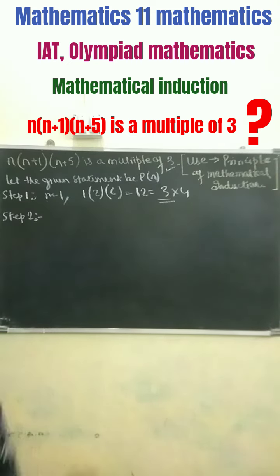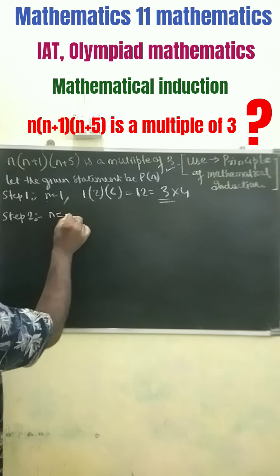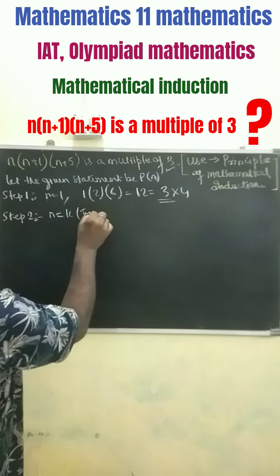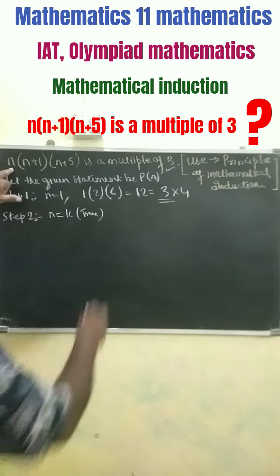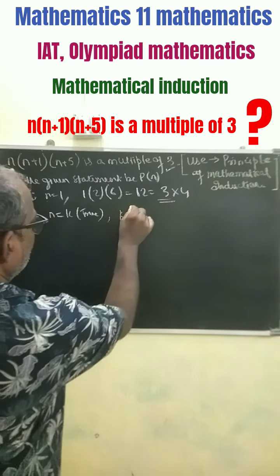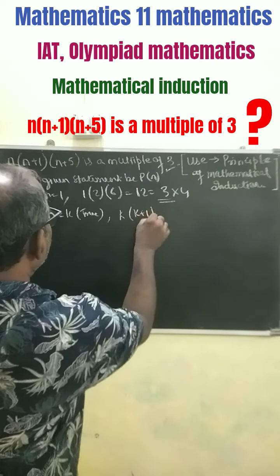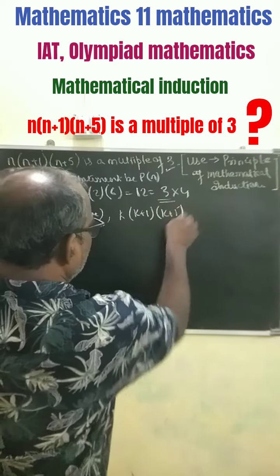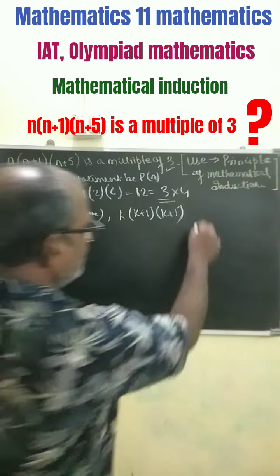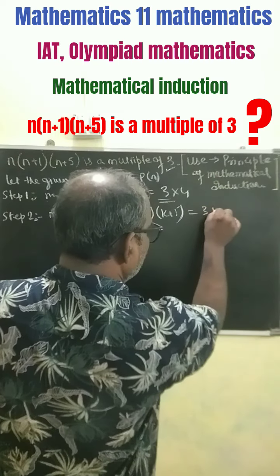Now let it be true for n equals to k. Let it be true. Then what we can get from here is k into k plus 1 into k plus 5. Since it is a multiple of 3, let us write it as 3 lambda.